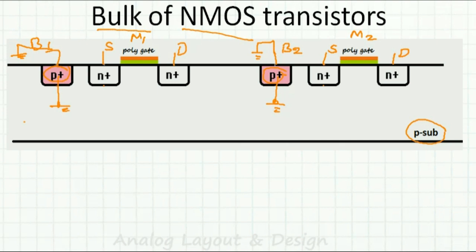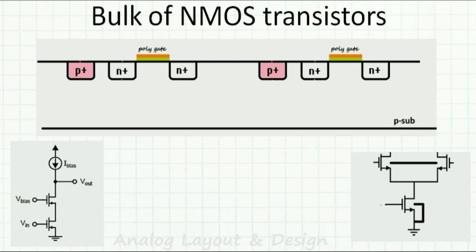This is very important. If you connect one bulk to ground, all NMOS transistor bulks are connected to ground. Understand? If I connect it here to ground, then this bulk is connected to ground by lesser resistance, and if I don't connect it here, then this is also connected to ground but with some substrate resistance. That's all.